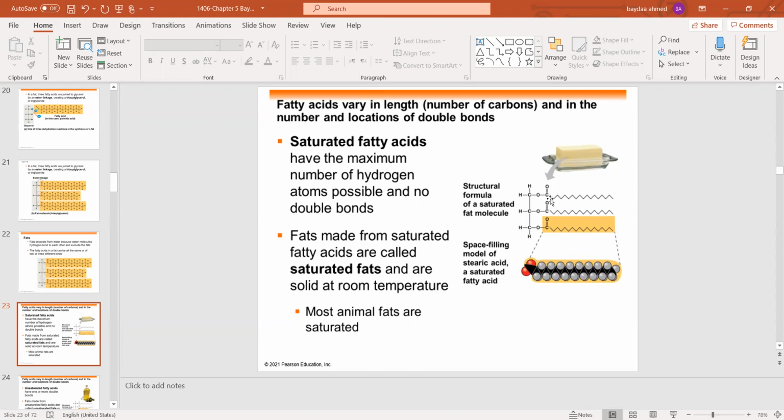If there are no double bonds between carbon atoms composing a chain, then as many hydrogen atoms as possible are bonded to the carbon skeleton. Such a structure is said to be saturated with hydrogen, and the resulting fatty acid is therefore called a saturated fatty acid.